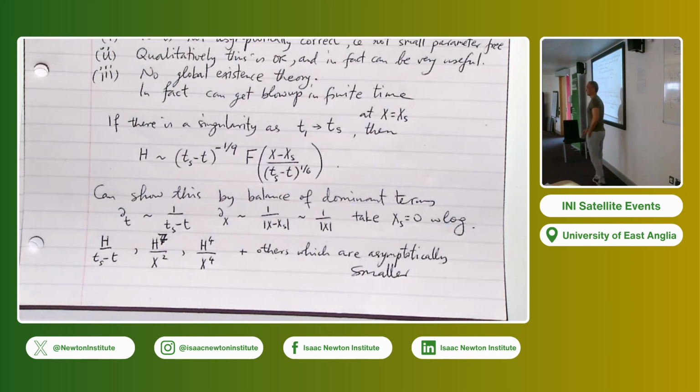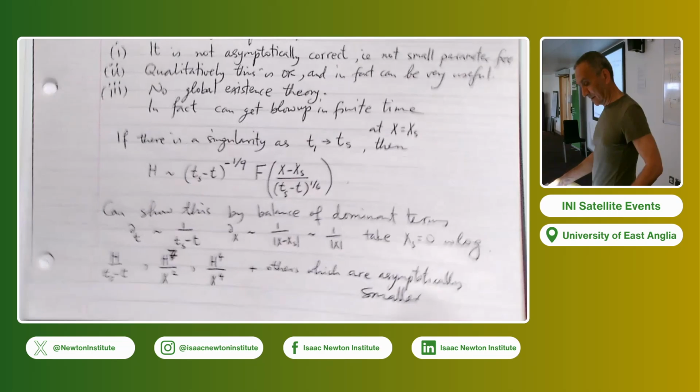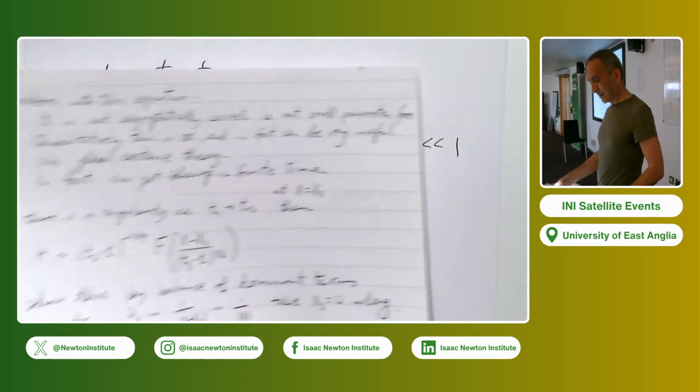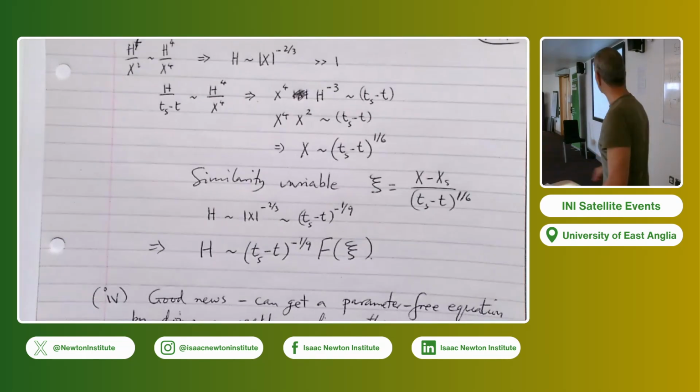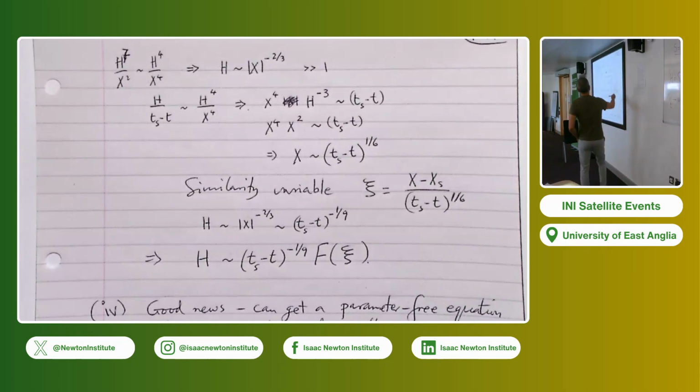So everything else is smaller in this singular asymptotic limit, and if you do all that, then it's quite easy to find the various things. So x looks like Ts minus T to the 6th. That means there's a similarity variable. Now I'll put the singularity back in, and so forth. Okay, so you get that.